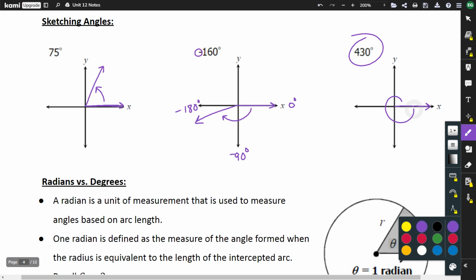Well, 360 plus 70 more degrees is going to get us to 430. So I'm going to land about right here, inside of the first quadrant. When we go more than 360 degrees, we're going to have this kind of spiral arrow show up to show that we went all the way around and then some more.